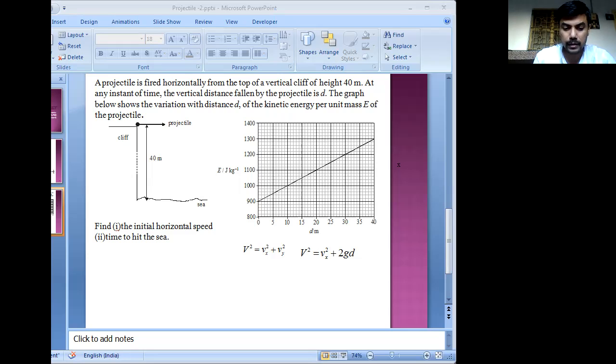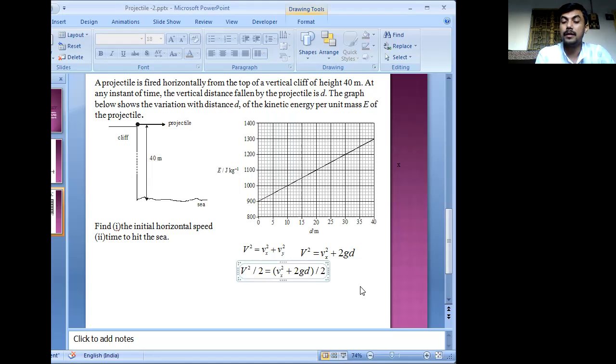What we have to do is divide this entire thing by 2. Let us try to do that. Yes, something like this will happen. I've just divided by 2, and on the left hand side you can see it is just v squared by 2, which is nothing but our y-axis variable E, that is kinetic energy per unit mass. So this has been done very, very subtly, I would say.